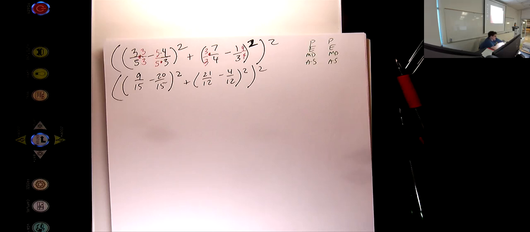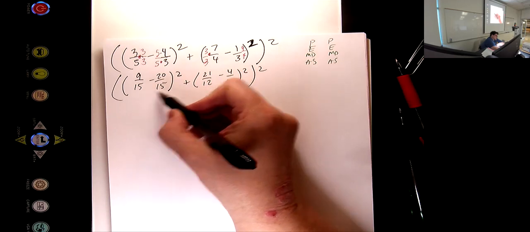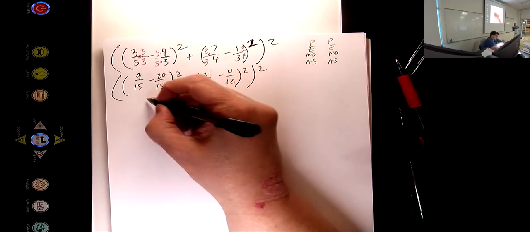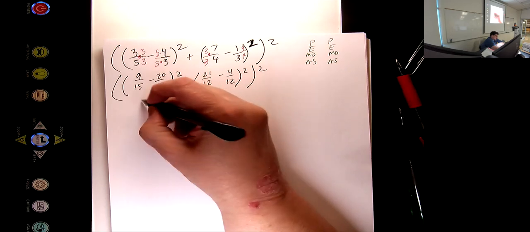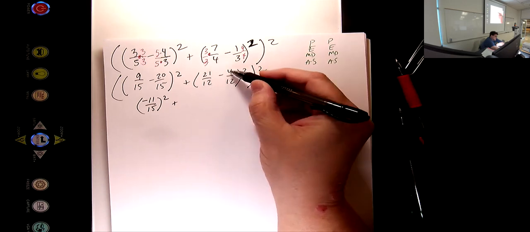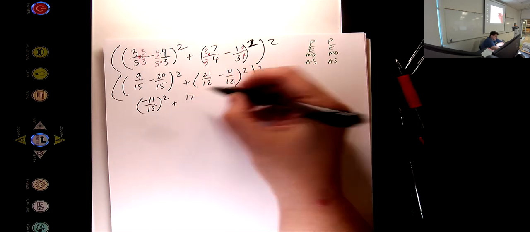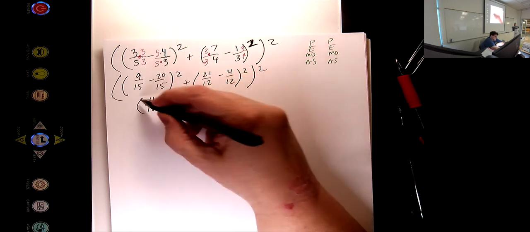We're all good with that, I hope. Everyone got that? And now we can combine like terms. We have like fractions, so we can put this together. 9 minus 20 is negative 11 on top, 15 on bottom, squared. 21 minus 4 is on top. I got 17 over 12, and that's squared. And then this is squared.